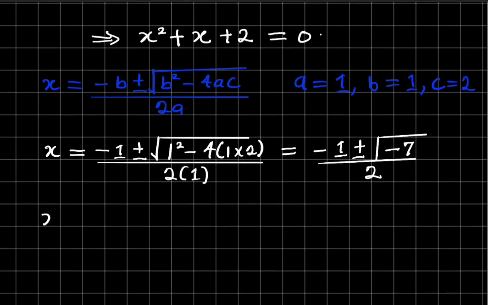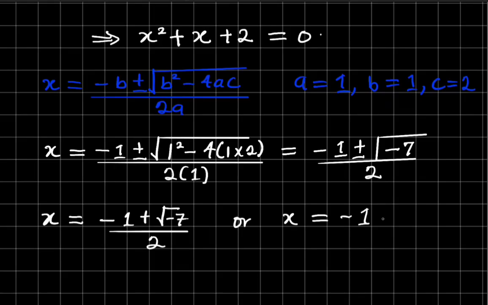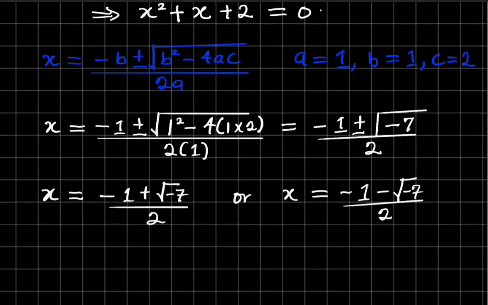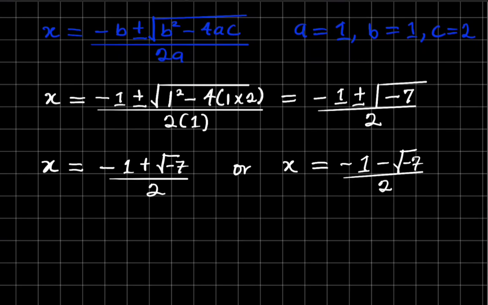So therefore, x will be negative 1 plus root of negative 7 over 2, or x will be minus 1 minus root of negative 7 over 2. So this is going to give us a complex root.